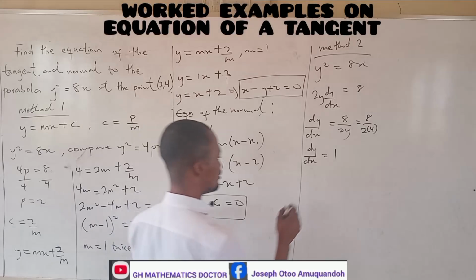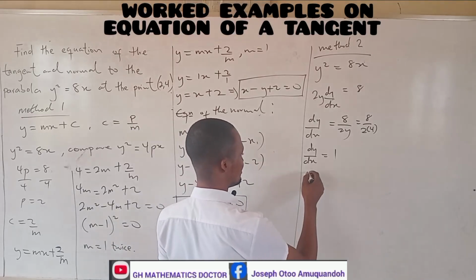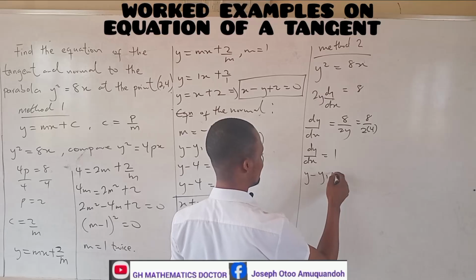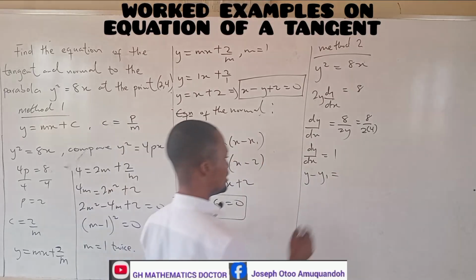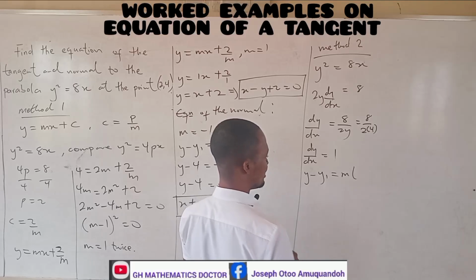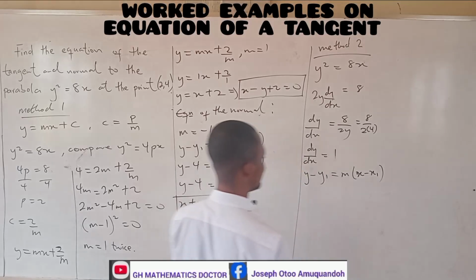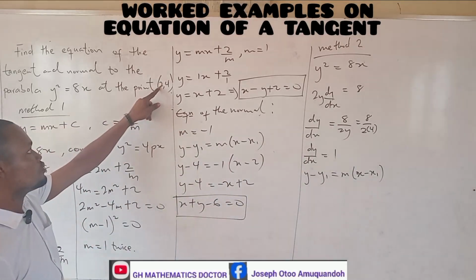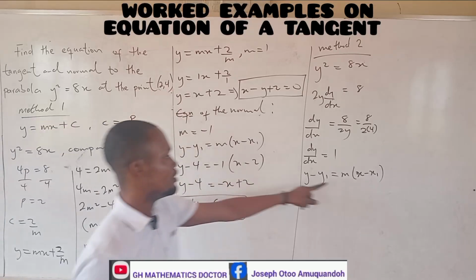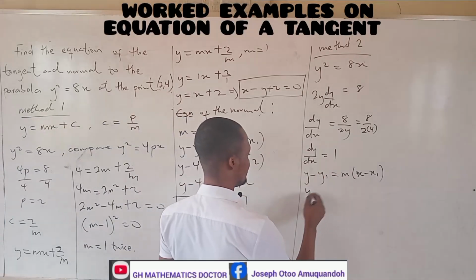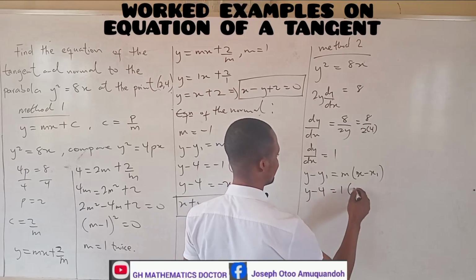Now we are going to find the equation of the tangent by using, this time, the general equation of a straight line. And we are going to substitute the values here. So the x1 is 2, y1 is 4, and the gradient is 1. So we have to substitute accordingly.